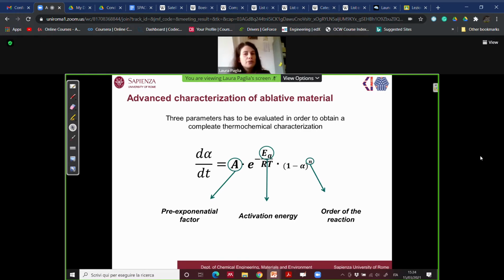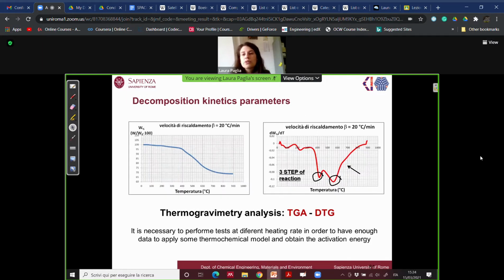In order to calculate these parameters, we can use a method called thermogravimetric analysis. Thermogravimetric analysis allows us to obtain some data with which we can calculate, for example, the activation energy.